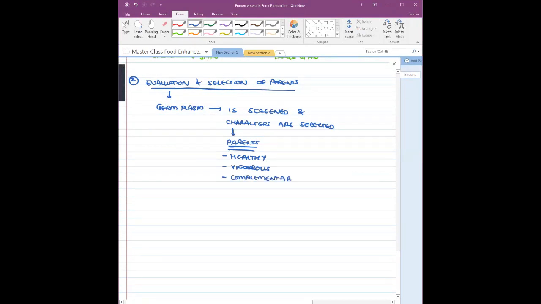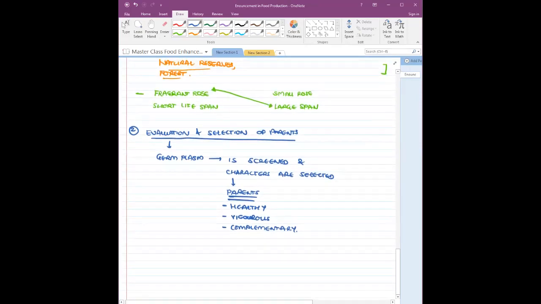Otherwise, if one feature is different and the other feature is different, we cannot go. See, complementary features means, for example, a fragrant rose that is small, and another that is not so fragrant, so non-fragrant, small rose with a short lifespan, and a large one that is fine. So you are going to select parents in such a way that they are complementary to one another.